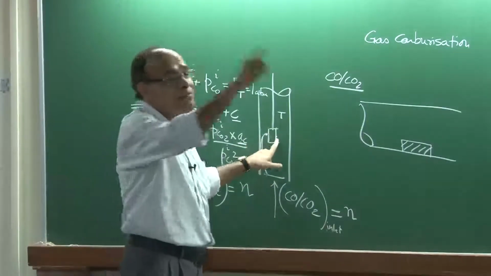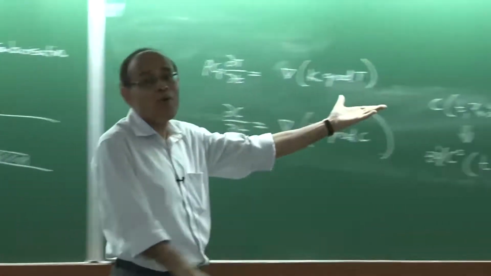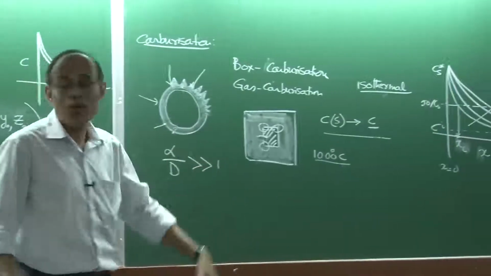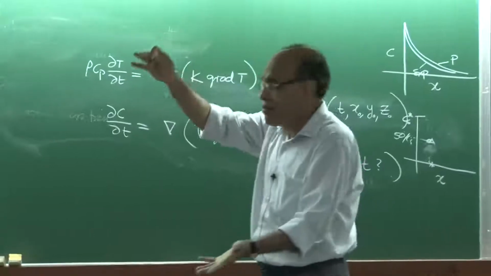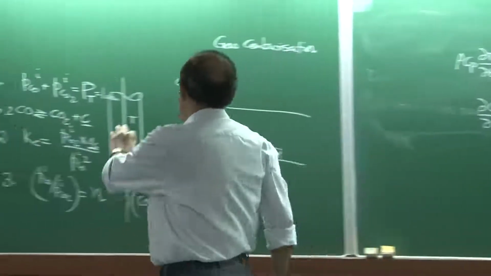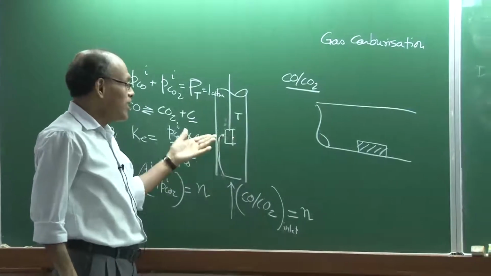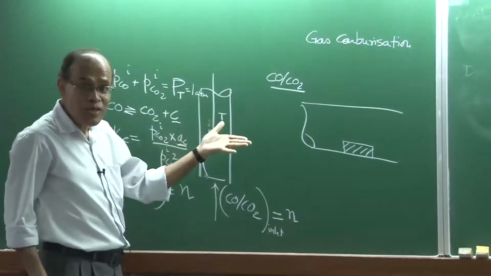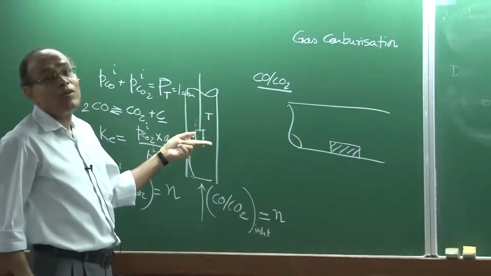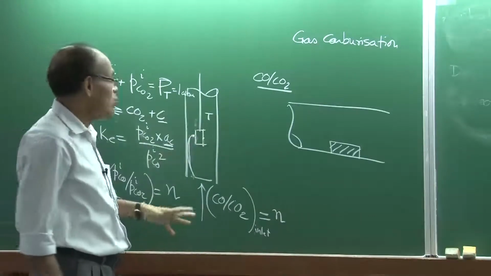And then the problem has now become equivalent to the box carburization problem. So, if the sample is long, if this side of the sample is much larger than this particular thickness of the sample, in that case you can apply an error function solution, okay, and then find out how the case depth is changing as a function of time.